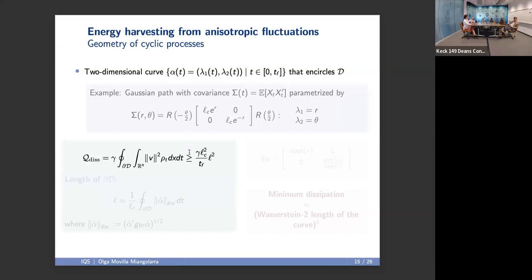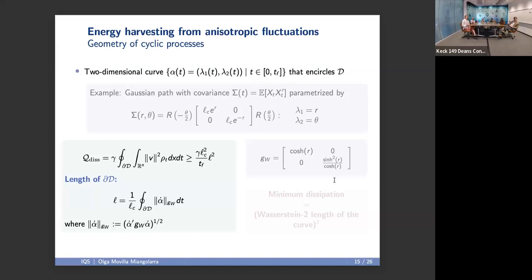The way to achieve the optimal value is by parametrizing these curves optimally with constant velocity. This length, in a general way for our alpha, is simply the integral of the norm of the velocity of the curve, with this norm weighted by this Wasserstein metric GW. For our particular Gaussian case, this GW is simply a diagonal metric which, it turns out, is theta independent, so it's rotationally symmetric.